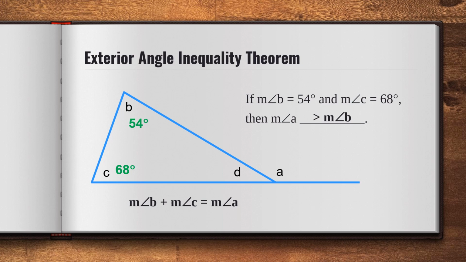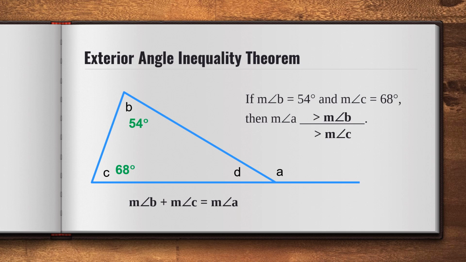Also, the measure of angle A is greater than the measure of angle C. Same reason. Diba po? Mas malaki ang sukat ni angle A compared to angle C. Now, itong mga sagot na to, since inequality nga ang ating pinag-usapan, these are already correct answers.